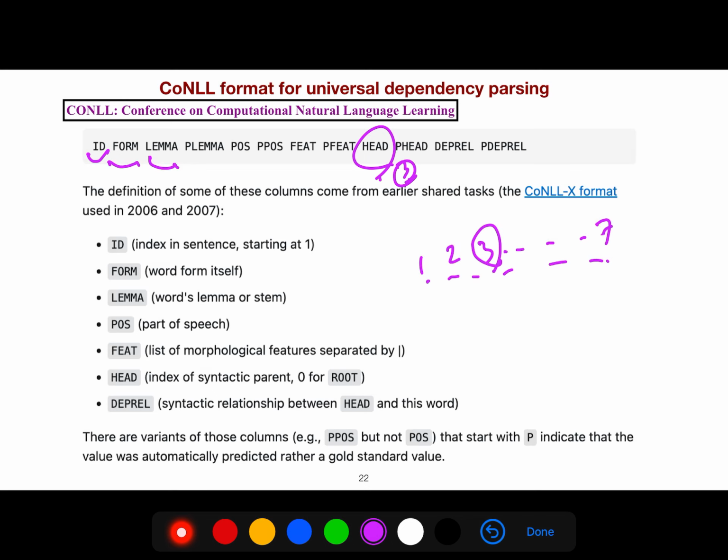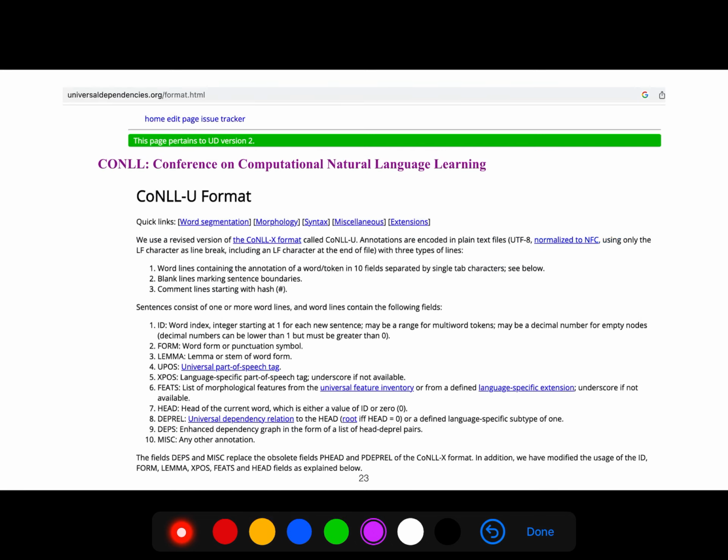Universal dependency parsing is a really good dataset that we can use for dependency parsing. It has Persian, English, German, and many other languages. And this is the CoNLL-U format. CoNLL stands for Conference on Computational Natural Language Learning.